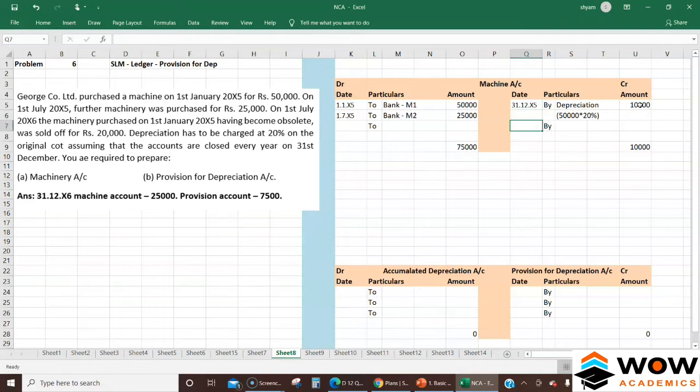That's for the first machine, so we can mark it as M1. Now we'll give it for machine 2. Machine 2 depreciation would be on 25,000, and it is held for only 6 months.